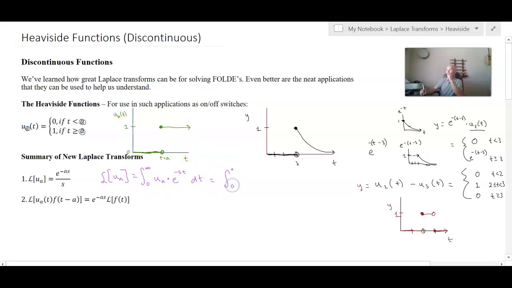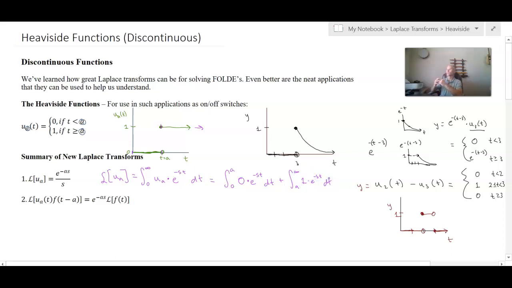From time 0 to time a, the Heaviside is at 0. So we integrate from 0 to a the value 0 times e to the negative st, because that's the value of u. But then I also have to go from a to infinity, that's here forever, plus the integral from a to infinity of 1 times e to the negative st dt.